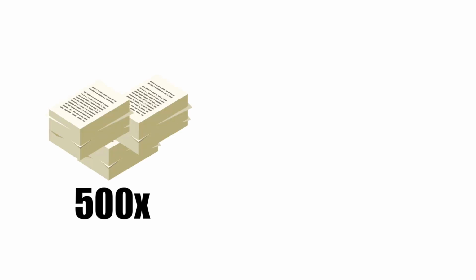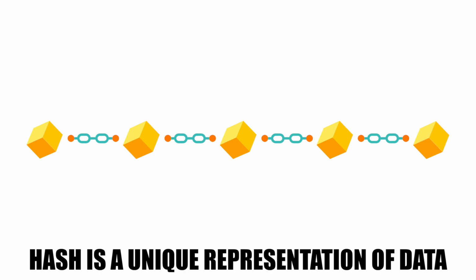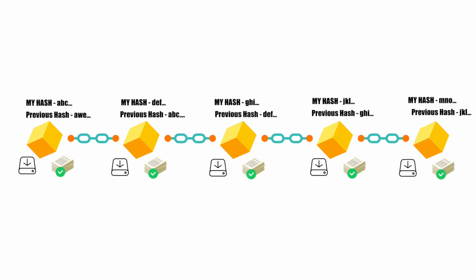There are 500 transactions in each block, and each block is connected to another block in a form of chain through hashes. So each block with the transaction and other data stores the hash or the identifier of the previous block. This forms a long chain until the genesis block or the first block that was ever created in the Bitcoin network.